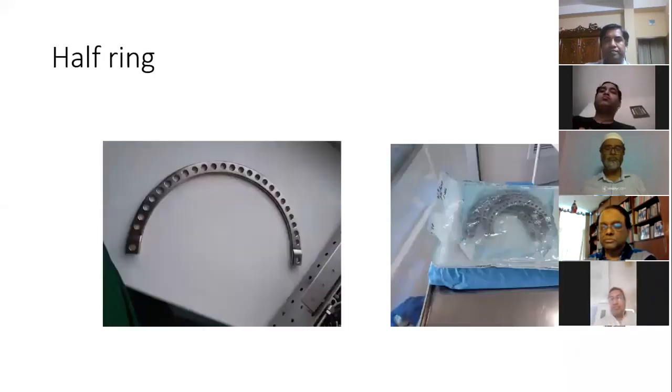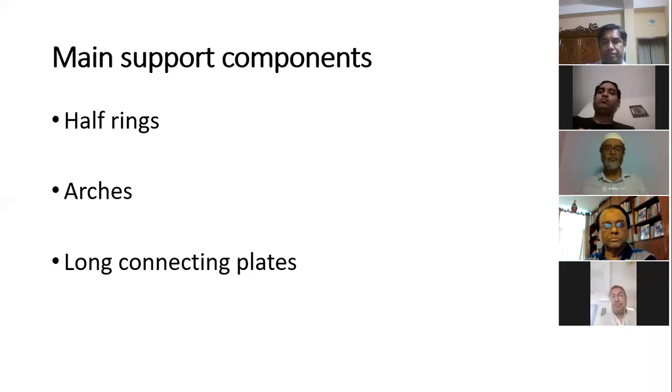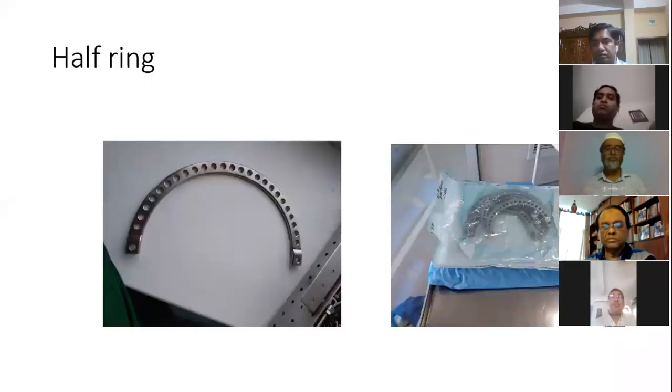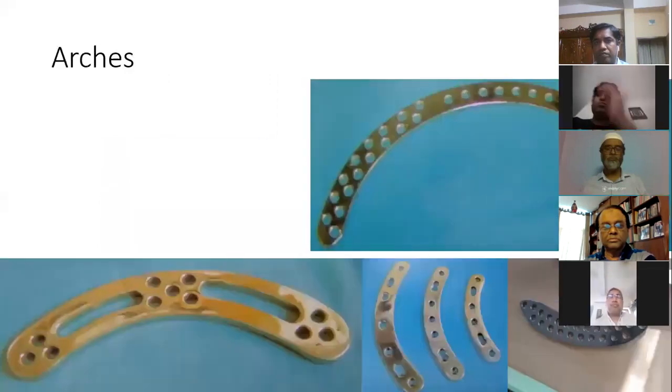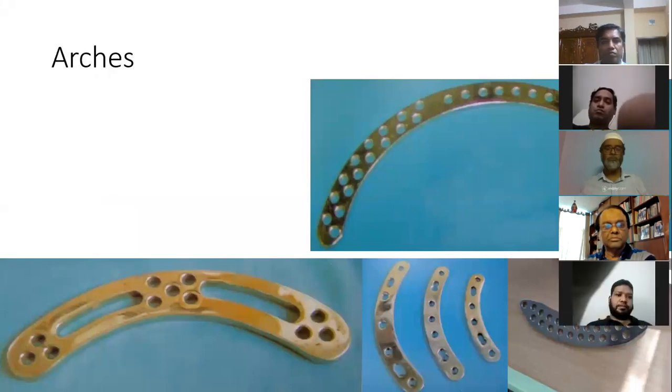That is half rings, arches, and long connecting plates. You can see the half rings. You can see the different arches: the Italian arch, Russian arch, pediatric arch, and the upper femoral and pelvic arch that looks like a banana, and is sometimes called the banana arch.